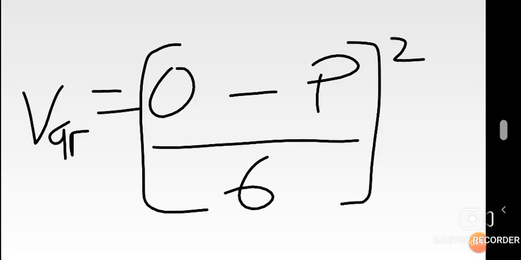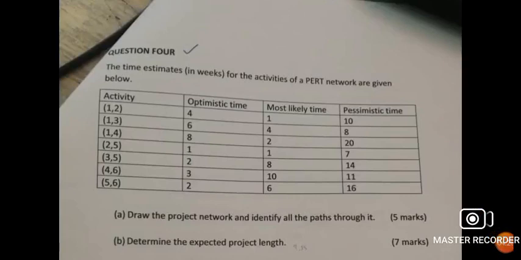So we want to get into a certain question and see what I'm talking about. How do we get the mean duration time and determine the critical path from there? Let's do that. Suppose you have a question like this: the time estimates in weeks for the activities of a PERT network are given below. There is your table. As I said, you'll always be given these 3 time periods: optimistic time, most likely time, pessimistic time. For each node connection, like from 1 to 2, they give you 3 time periods.